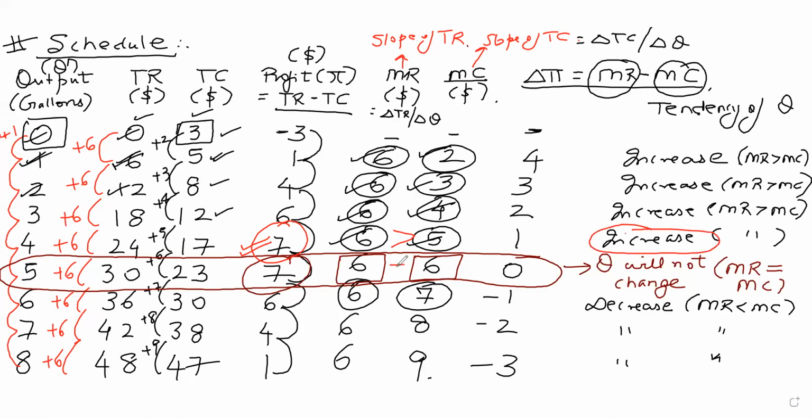But when MR becomes exactly equal to MC, when does that happen? That happens at 5 gallons. At 5 gallons of output, the additional revenue earned of $6 exactly equals the additional cost incurred of $6. As a result, profit is at its maximum, okay, and change in profit is 0.